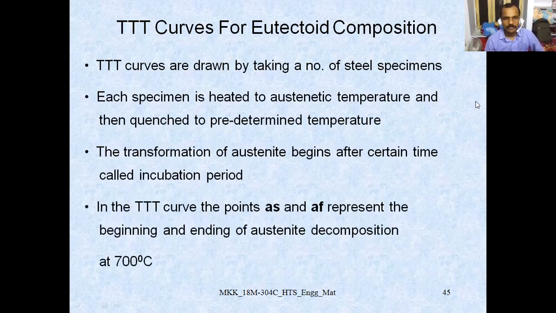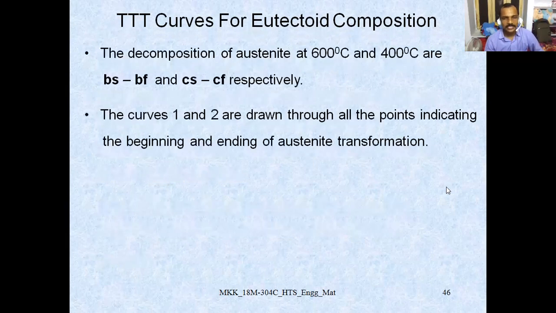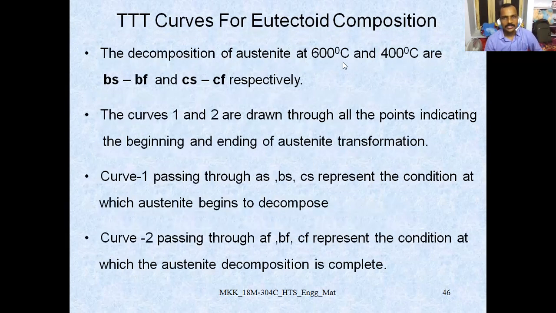In the triple T curve, AS and AF represent the beginning and ending of austenitic decomposition at 700 degrees centigrade. And as we have discussed, the decomposition of austenite will be at 600 and 400 degrees centigrade, BS, BF and CS, CF respectively. So BS to BF is at 600 degrees centigrade and CS, CF at 400 degrees centigrade, that is the austenite decomposition.